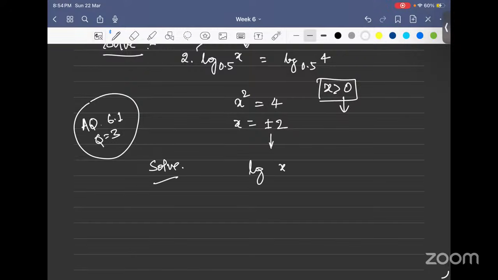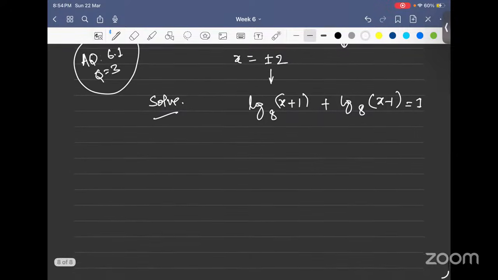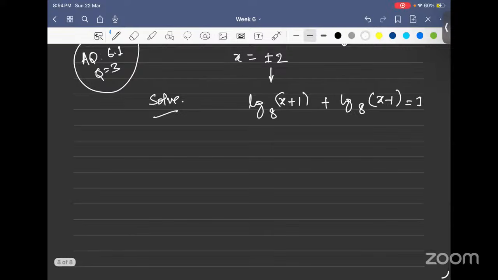Log of x plus 1 base 8 plus log of x minus 1 base 8 equals 1. Till then I'll just write the question.